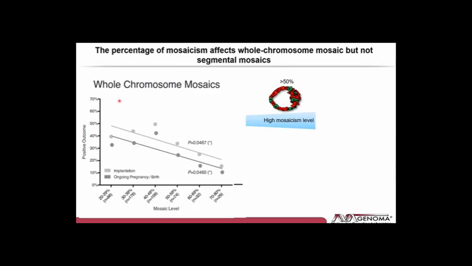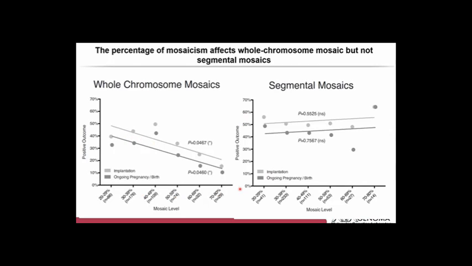But if we observed only whole chromosome mosaics, this difference was significant and showed a reduction with an increase in percentage of mosaicism. Segmental mosaics did not show any difference.